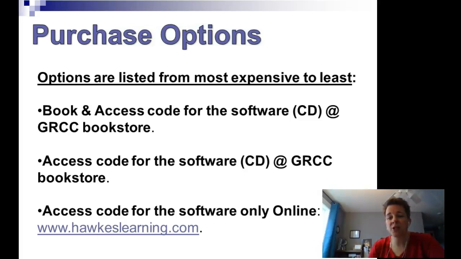You can just purchase the access code for the software at the bookstore as well, the Paper Tree bookstore. It's available behind the counter. Again, it's just Hawks Learning courseware. And you can also just purchase it online with a credit card. But I realize some of you might have to go to the bookstore, do it at financial aid, or other reasons. So the cheapest is to purchase it online. Again, I'll go through that in another video.